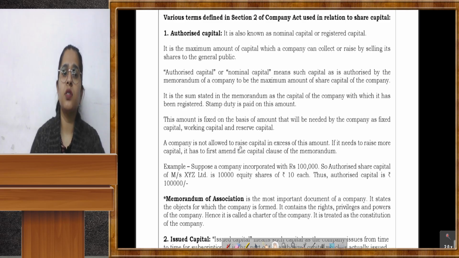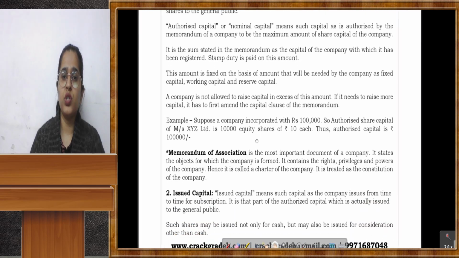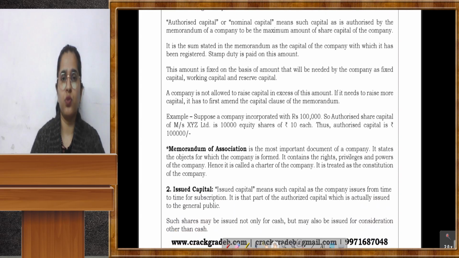So a company is not allowed to raise capital in excess of this amount. If it needs to raise more capital, it has to first amend the capital clause of the memorandum. This is self-explanatory: whenever a company wishes to exceed its authorized capital, first it has to change the memorandum of association.